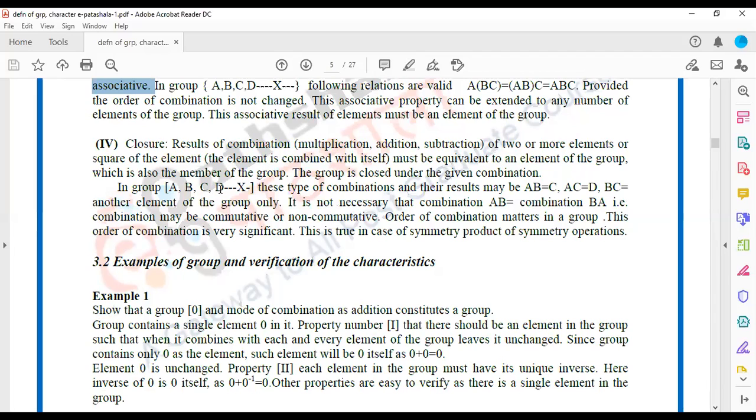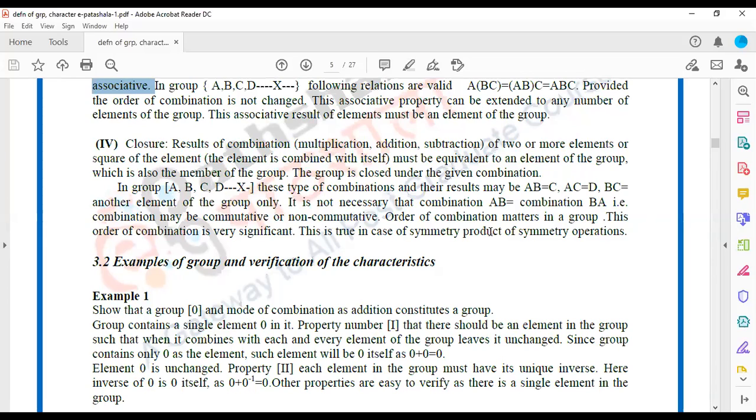That means we are closing into that group, so you call it closure. So AB equal to C, C is a part of the group. AC equal to D, D is a part of the group. BC equal to another element, which is again a part of the group. Then you say it is a closure.